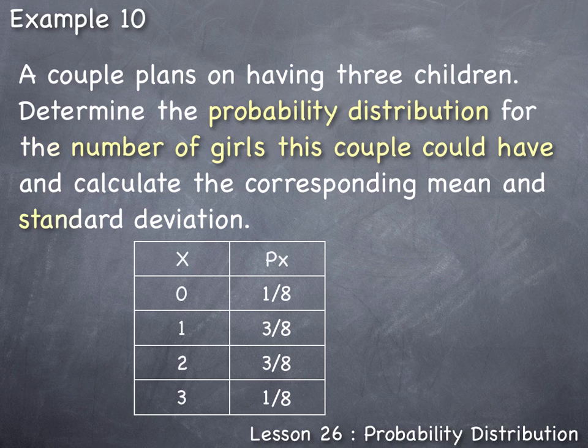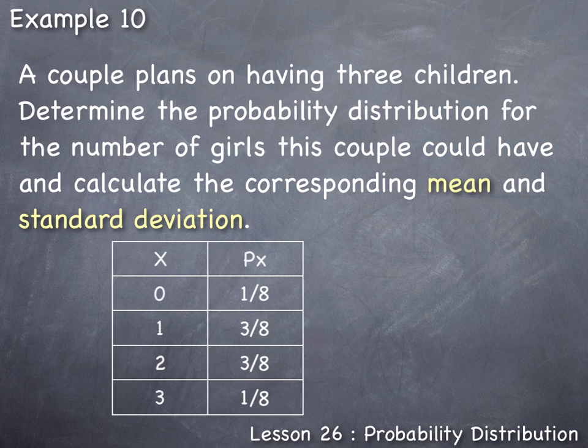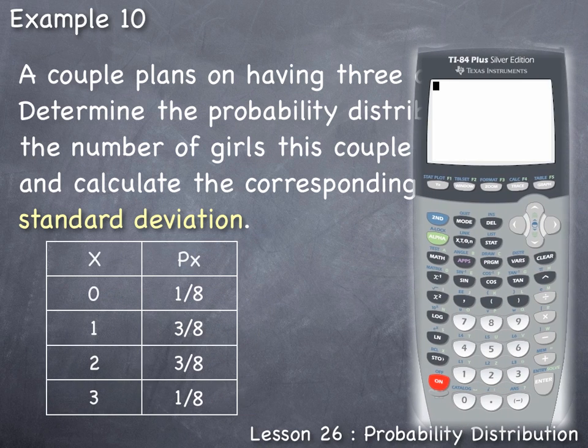Now to calculate the corresponding mean and standard deviation, we can use our TI-84 calculator to do this. So enter the probability distribution into the lists by pressing Stat, Enter, and we can clear out old data to make room for new data.